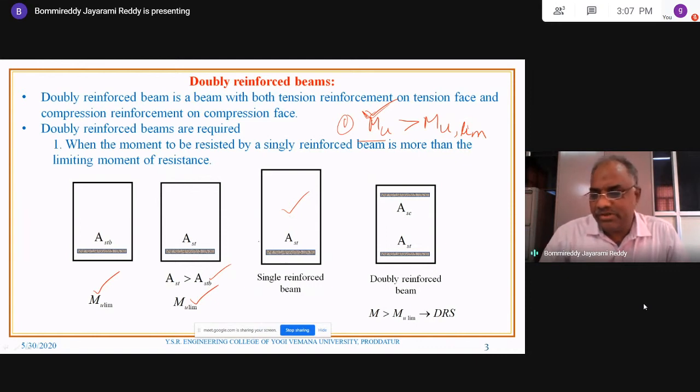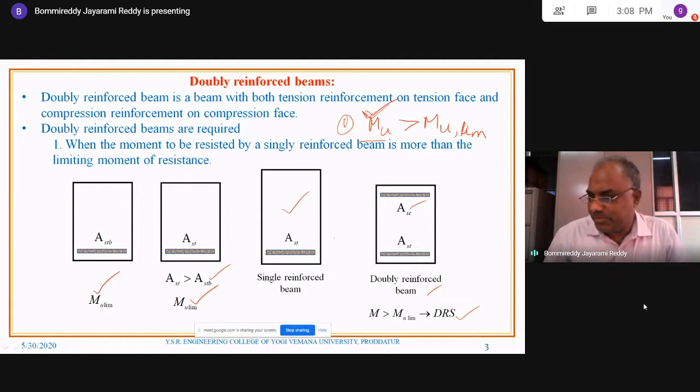The other option is the same size of the beam, with the area of compression steel reinforcement provided on the compression side. That is called the doubly reinforced beam. In this case, where M is more than M limit, we can go for a doubly reinforced section. Sometimes where there is a limitation of the depth, then we go for a doubly reinforced section.